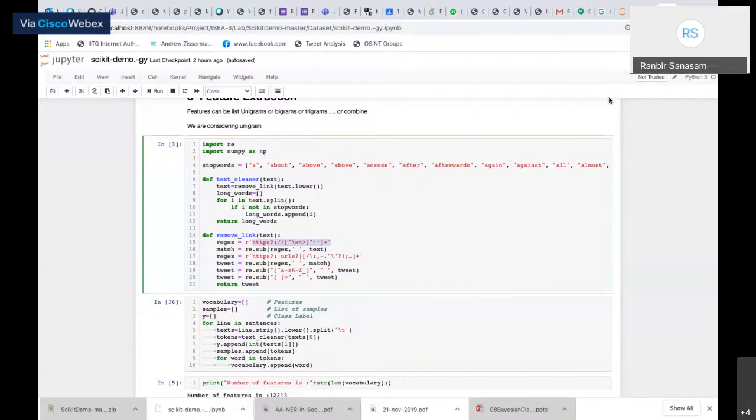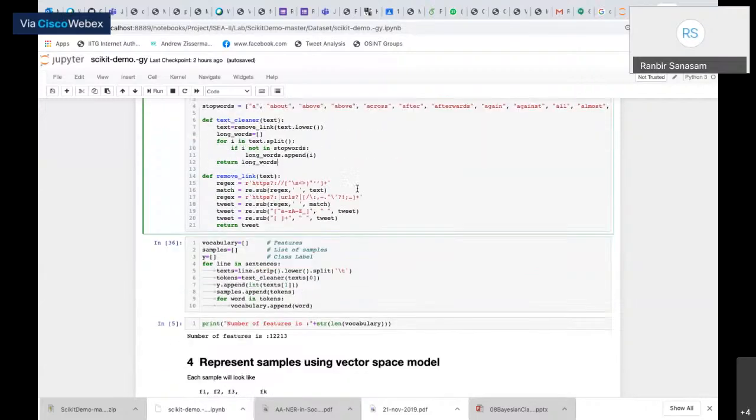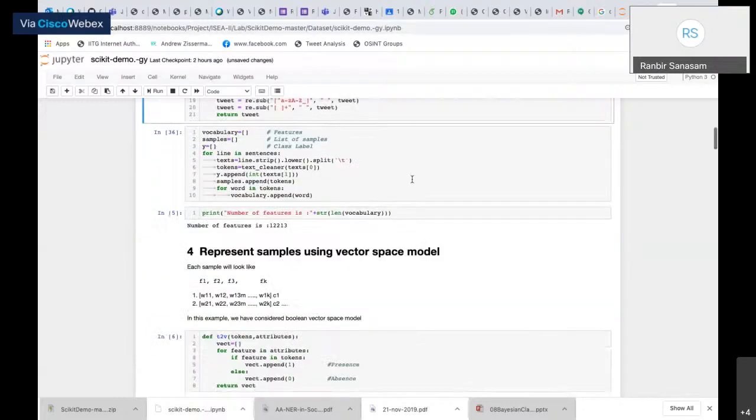This part will read tweets and clean them by removing stop words. In this program, I'm calling the function called clean text cleaner.